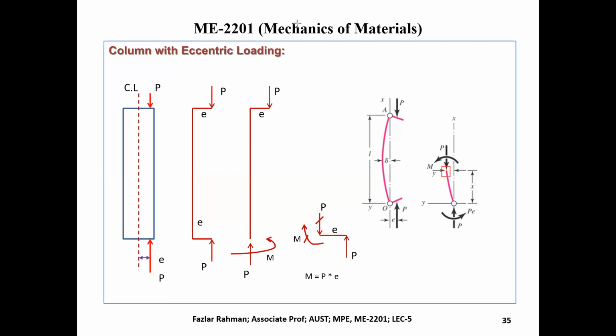So when there is an eccentricity in the column, the stress is sigma equal to, number 1, the direct compressive stress P by A. The other one is the bending stress. So what is the bending stress formula? M times C or Y divided by I. Because in this column, there are 2 loads working, not 1 load.